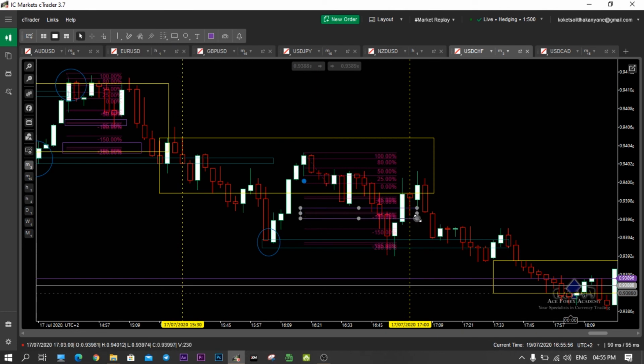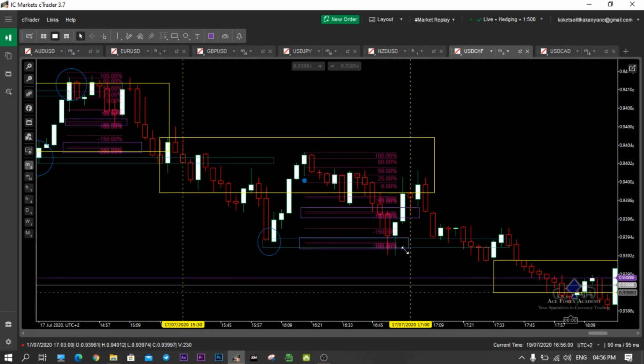First was the 100%, then was the 200%. As you can see, price smashed through our 1:1 risk reward ratio, and it further went to the downside where it hit 1:2, right? So we walked away with a 1:2 risk reward ratio return on this particular trade.